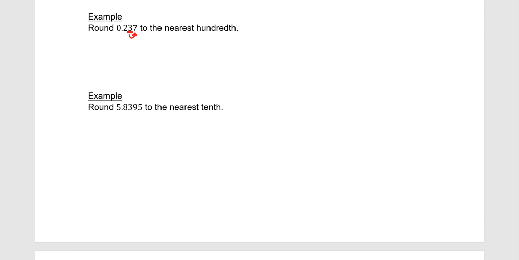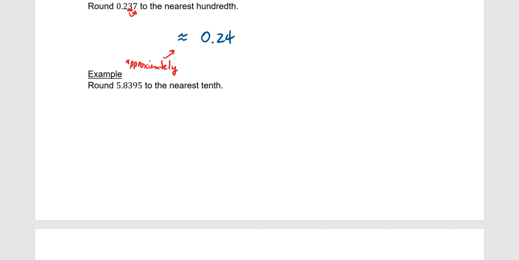Since that is greater than 5, we're going to bump the 3 up to a 4, and that's going to be 0.24. So it's saying that 0.237 is closer to 0.24 than it is to 0.23. So rounded to the nearest hundredth is 0.24. And what we can do here is actually use this approximately sign. It's a wavy equal sign, so that means approximately.